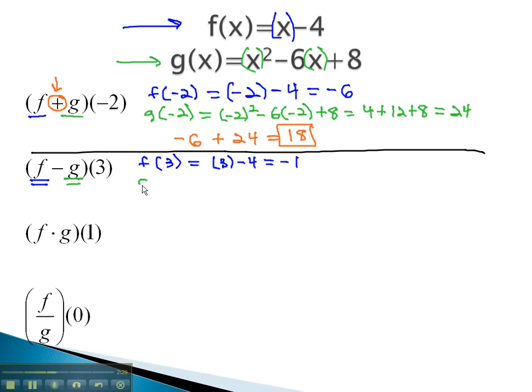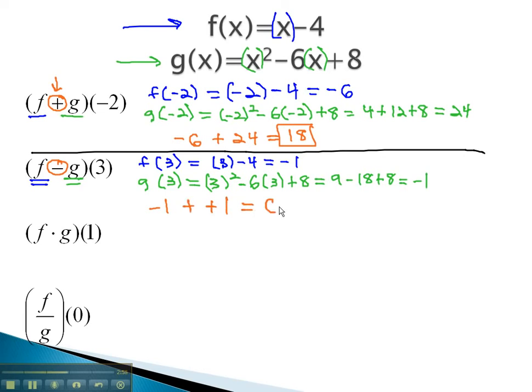Plugging 3 into the g function gives us 3 squared minus 6 times 3 plus 8, or multiplying 9 minus 18 plus 8 is equal to -1. This function asks us to subtract these two results, -1 from f minus -1 from g, and when we add the opposite, we find out f minus g of 3 is 0.